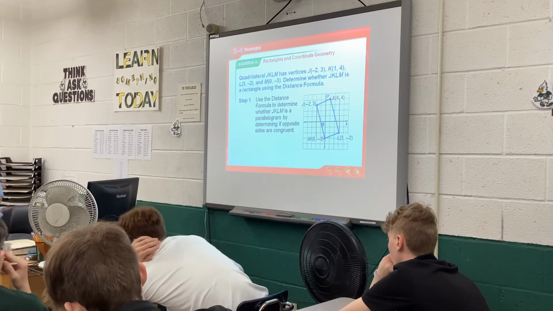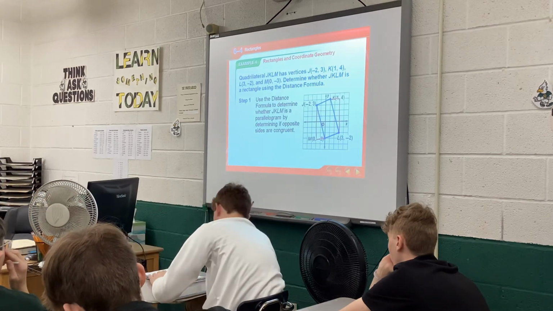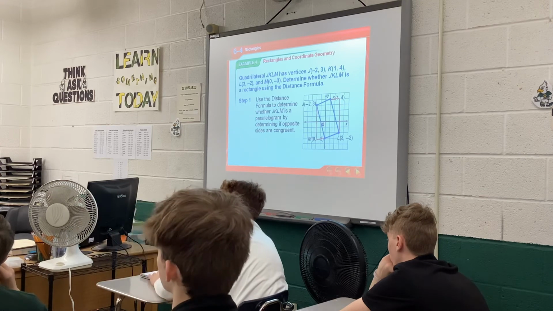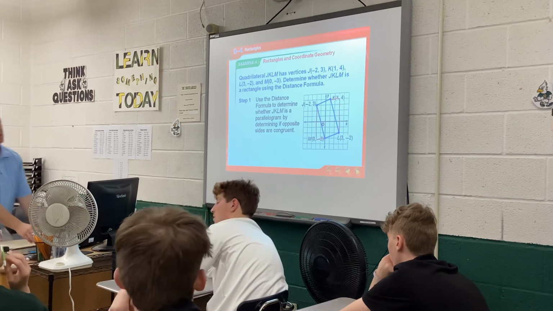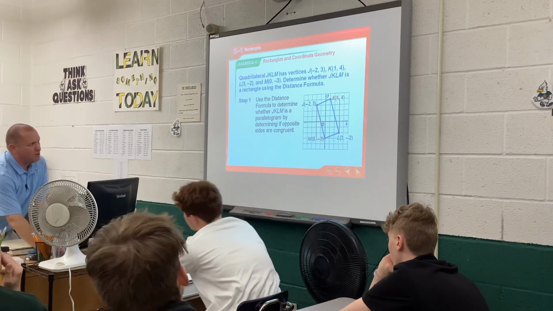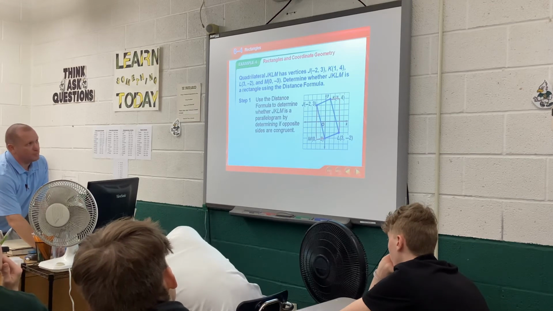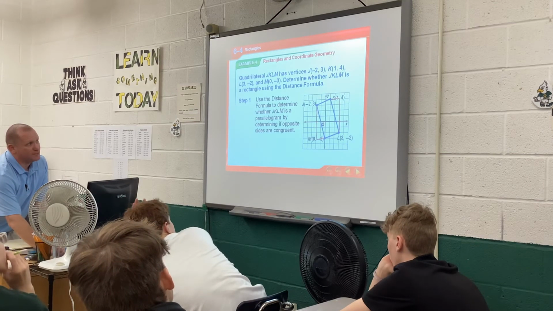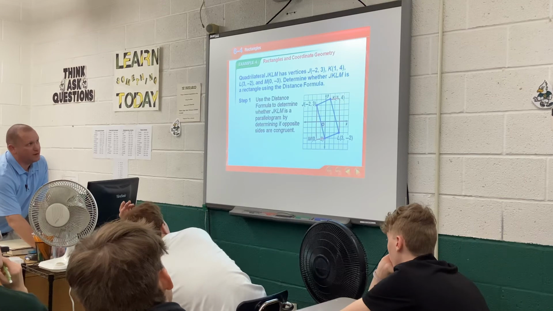So again, that's using the distance formula, and then we can also do the slope, right? So if we switch it up a little bit and do the slope now, I'm looking at what is the slope of this shorter side. So how do I find my slope? The rise over the run, right? Up 1 and over what? 3.